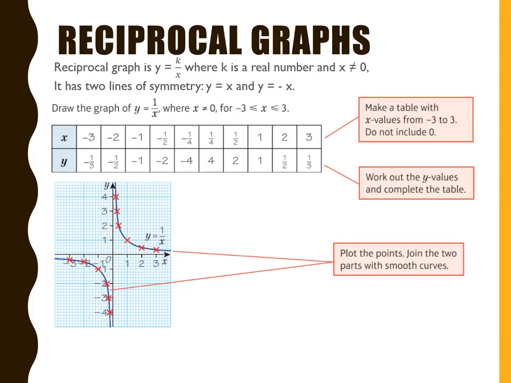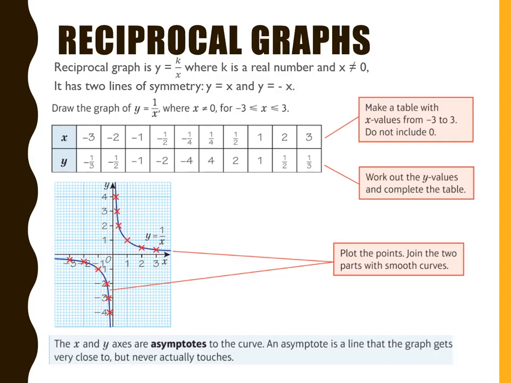Basically, if you are asked to draw the graph y equals 1 over x or anything else that is a reciprocal graph, then you would need to add -1/2, -1/4, and a half on there. Then you substitute your values in order to get your y points.